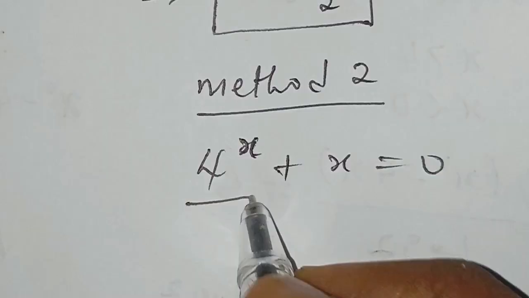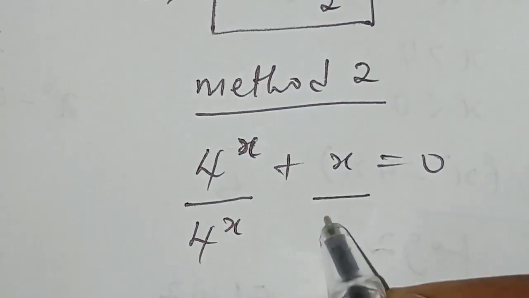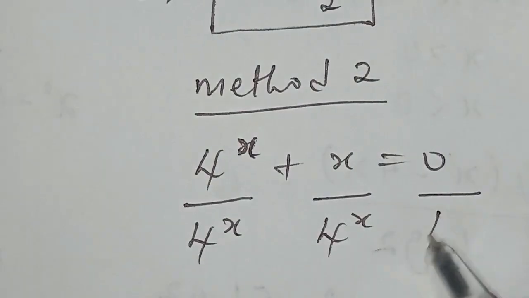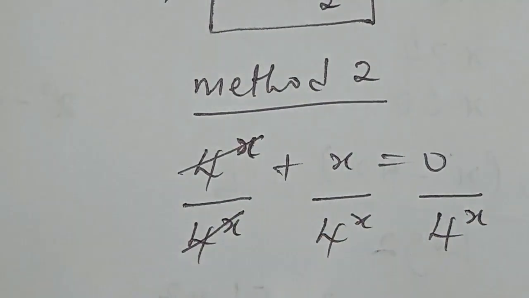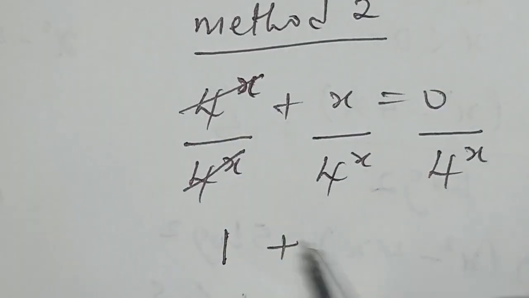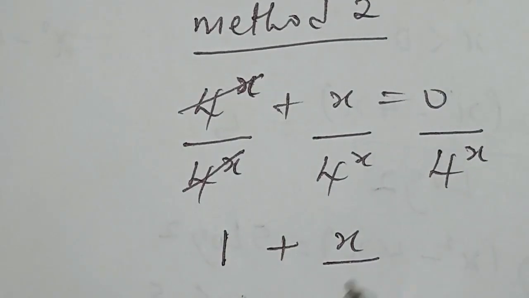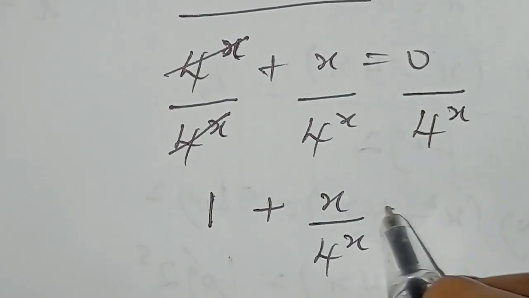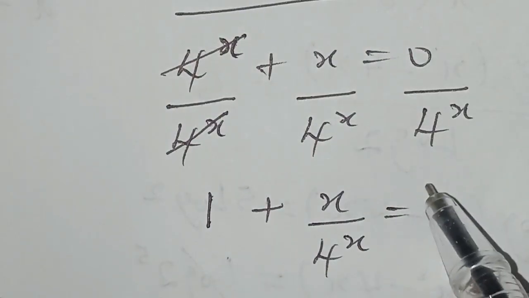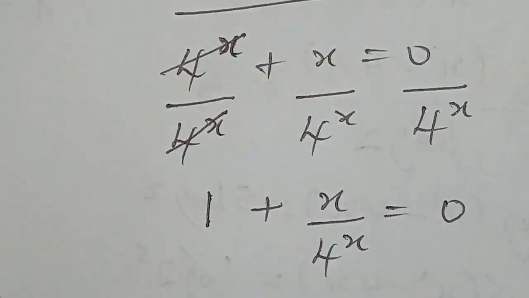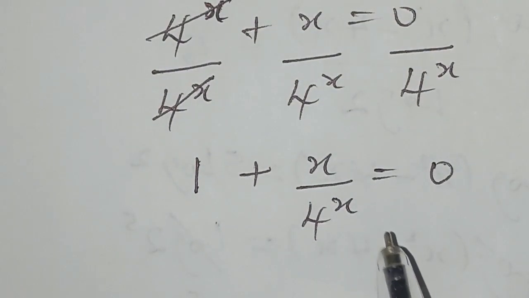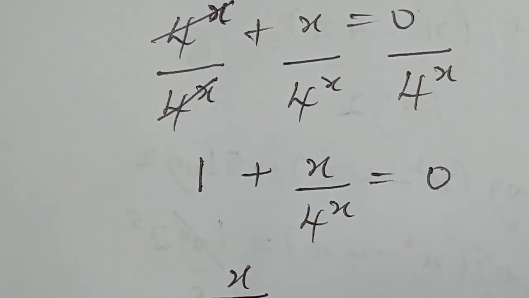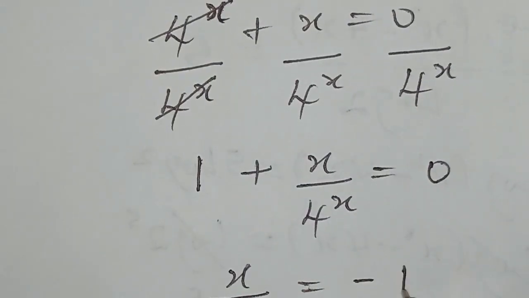So this cancels out with this, then we are left with 1 plus x over 4 to the power of x, and 0 divided by 4 to the power of x will likewise remain 0. So we can subtract 1 from both sides, then we have x over 4 to the power of x equal to minus 1.